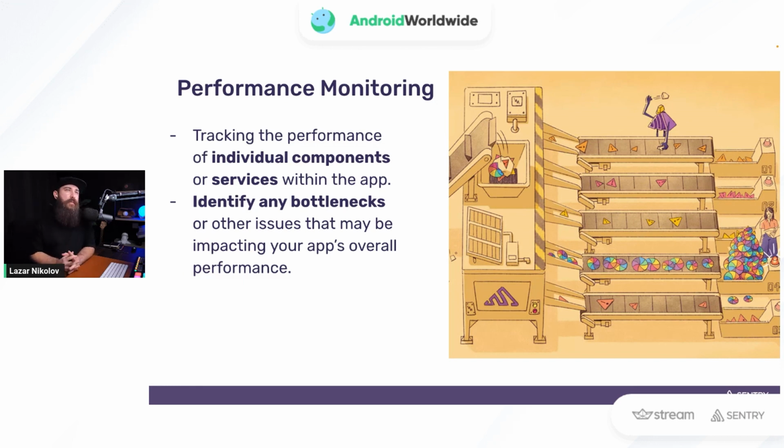But if your app is slow and you don't have performance monitoring, there is no way of knowing that. And the performance monitoring feature actually takes time to figure out the whole user flow and the rendering time for each of your screens.